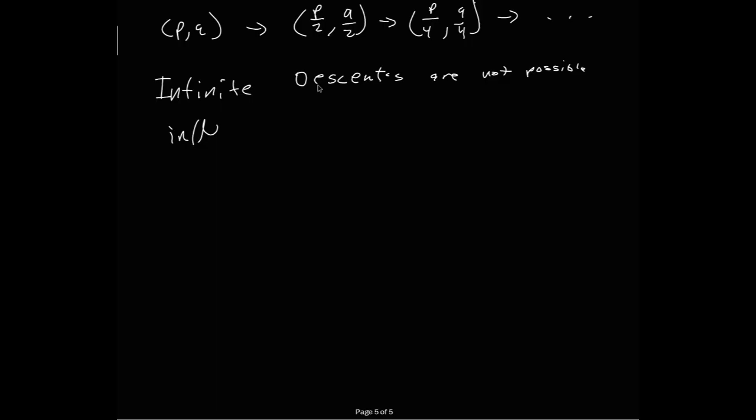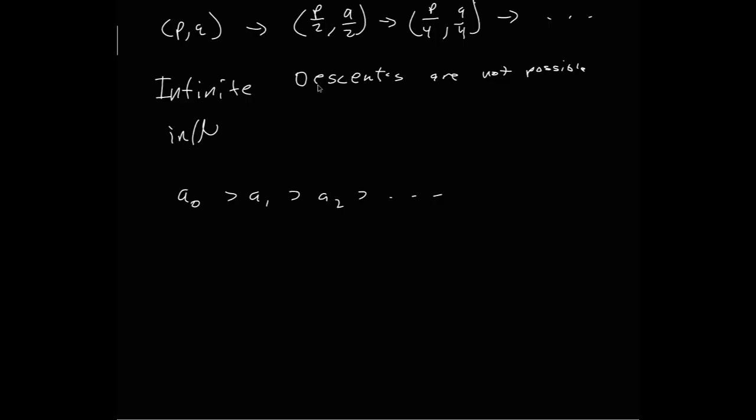And we can assume p and q are naturals, right? Because we're assuming it's positive. So infinite descent is essentially saying that there exists no sequence of naturals where you have this infinite descent where each one gets smaller than the last.